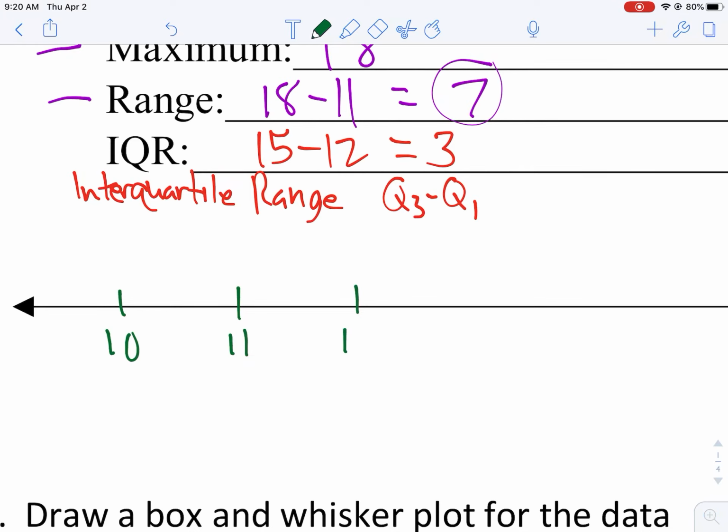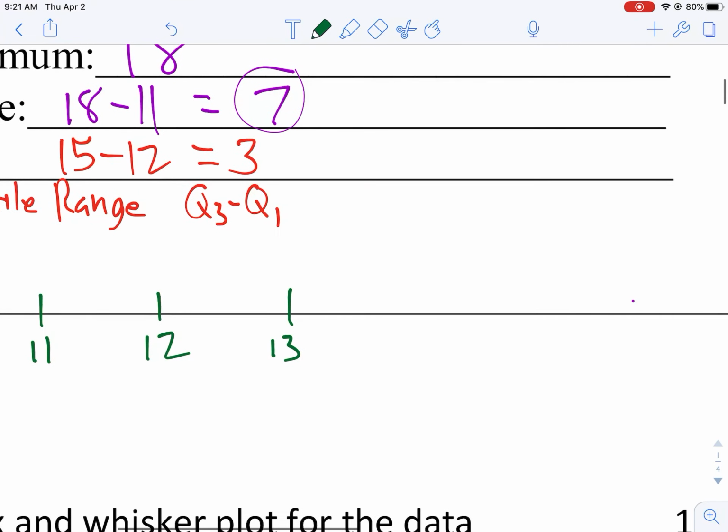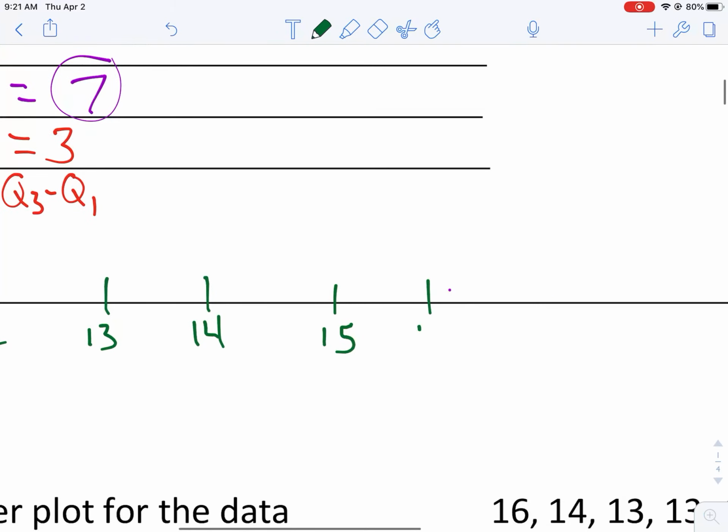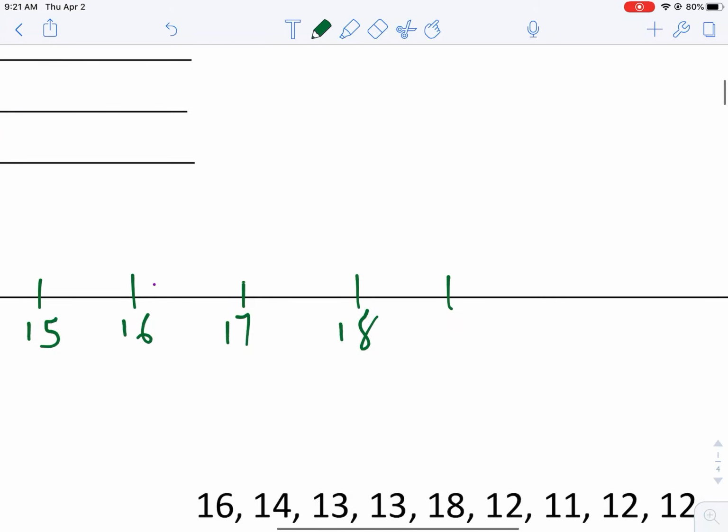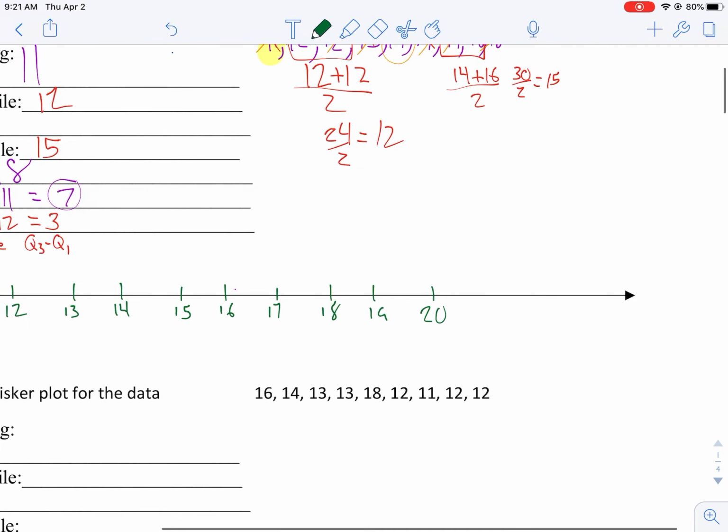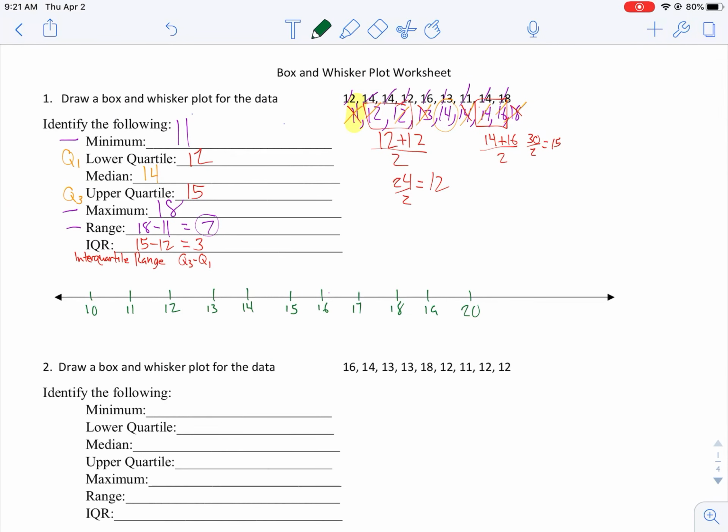I'm going to give myself some healthy space here. Okay, so I don't have to use the entire line. And that's the first thing I'm going to tell you. You don't have to use the entire line. I'm choosing not to here.